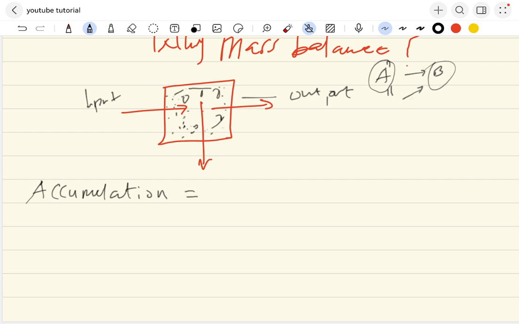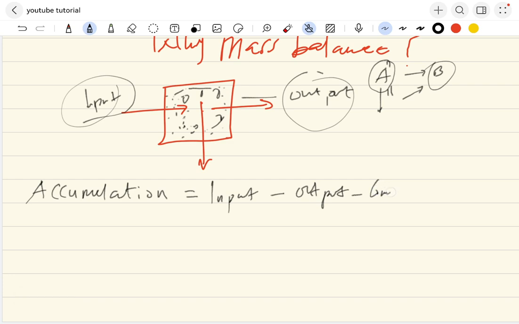So we can see our input, which is our in here, minus our output, minus the consumption of A, plus the generation of B.